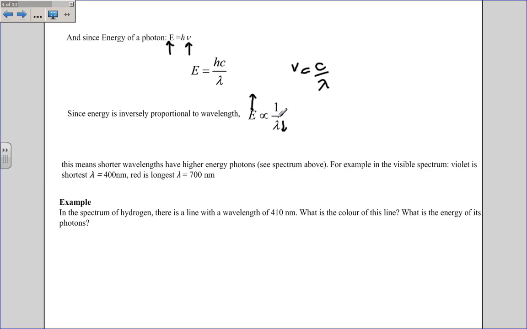Okay, when we've got a relationship like this, 1 over lambda, as this number gets bigger, the energy is going to get smaller. And as this number gets smaller, this number will get bigger. Think of 1 over 1 versus 1 over 4, right? It's getting smaller as the wavelength increases. What this means is that shorter wavelengths have higher energy photons.